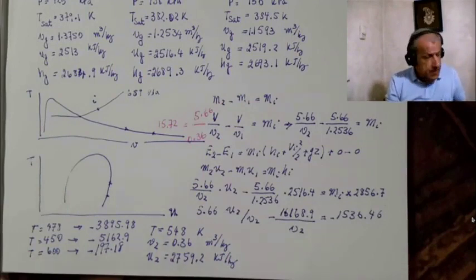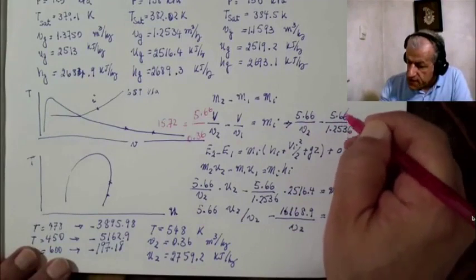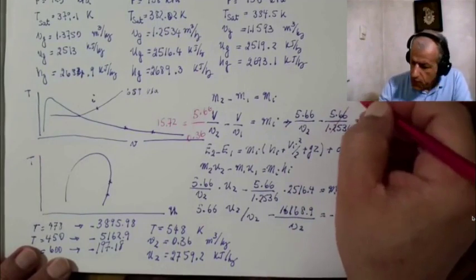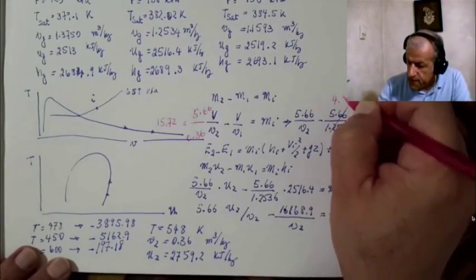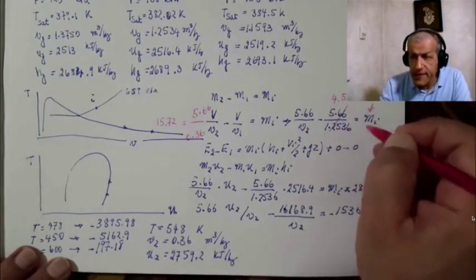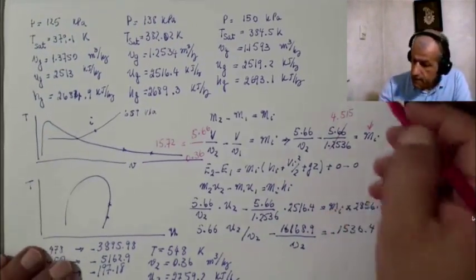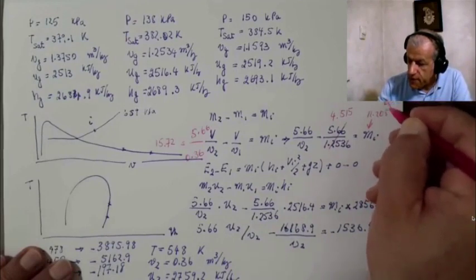The initial mass is also possible to calculate. Just the result of this ratio, which would be 4.515, and therefore the mass that has entered our control volume would be 11.205 kilograms.